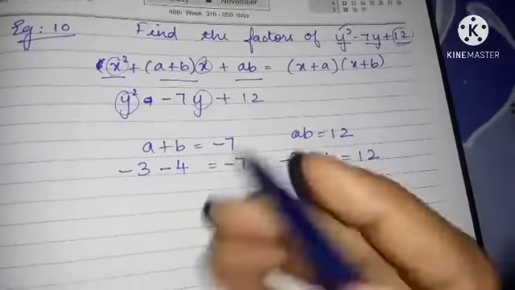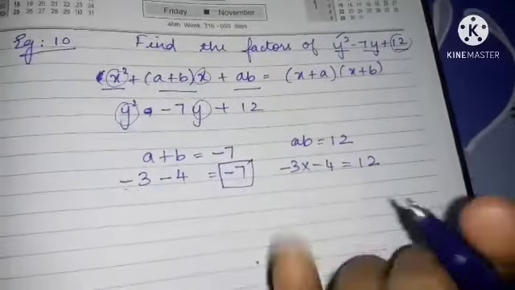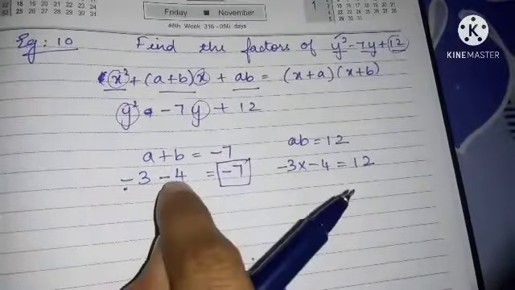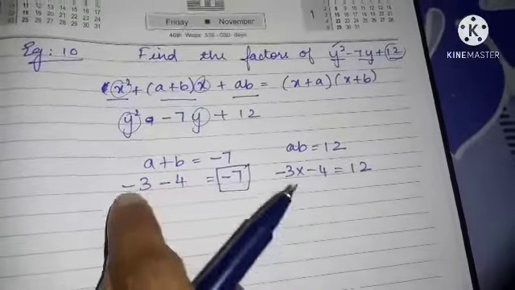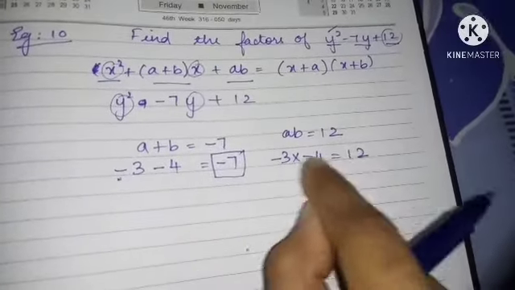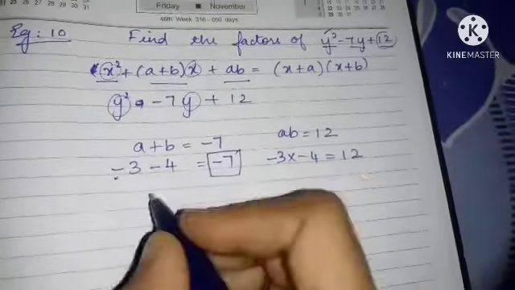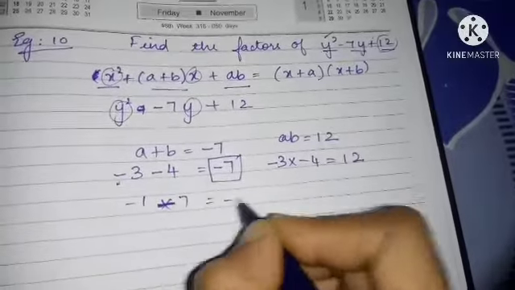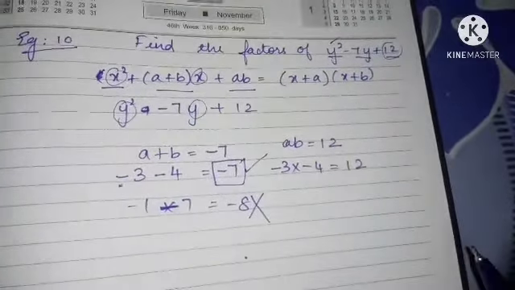Correct? So if you want minus 7, I will add two small numbers, minus 3 and minus 4. 4 plus 3 is 7, with minus. 4 threes are 12, minus into minus is plus. If you use 1 and 7, minus 1 minus 7, you will get minus 8. It is not possible. So the only possible way is this one.